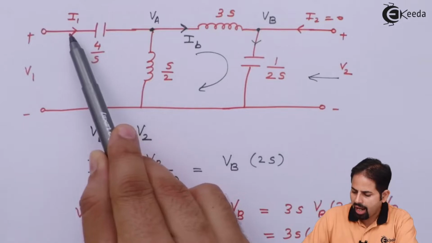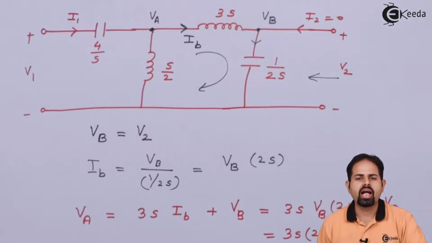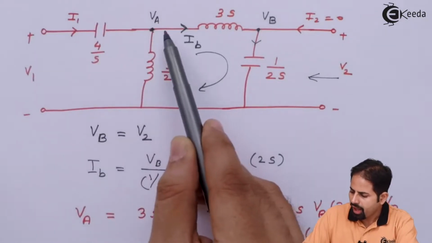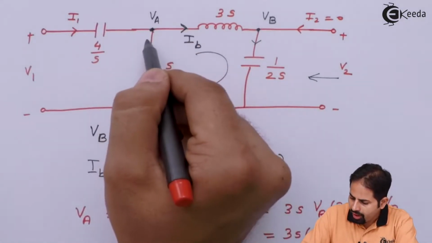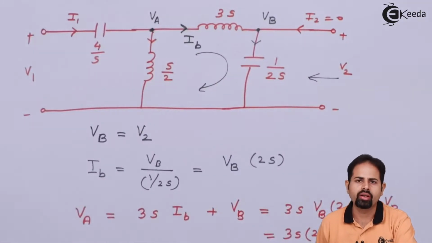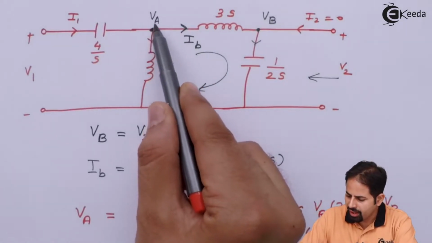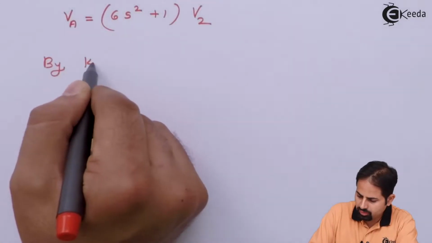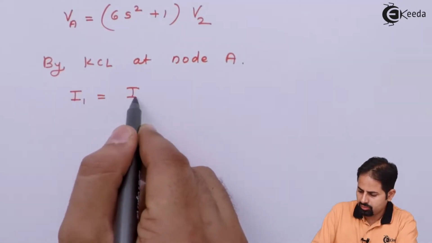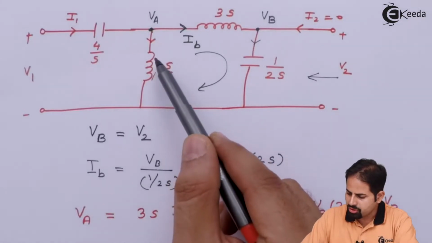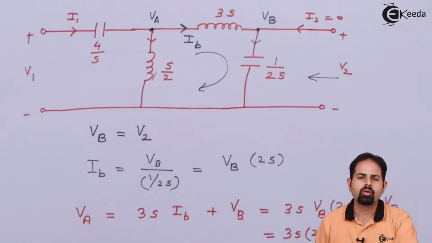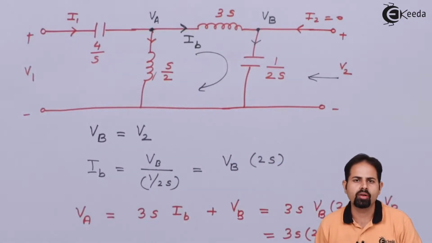Now next is I1. For this I1 we will use KCL, because I1 is incoming current, IB is outgoing current, and the current through this branch is also outgoing current. So let us use KCL at node A. Current through this branch is VA divided by this impedance, which is s by 2, because current is voltage upon impedance.